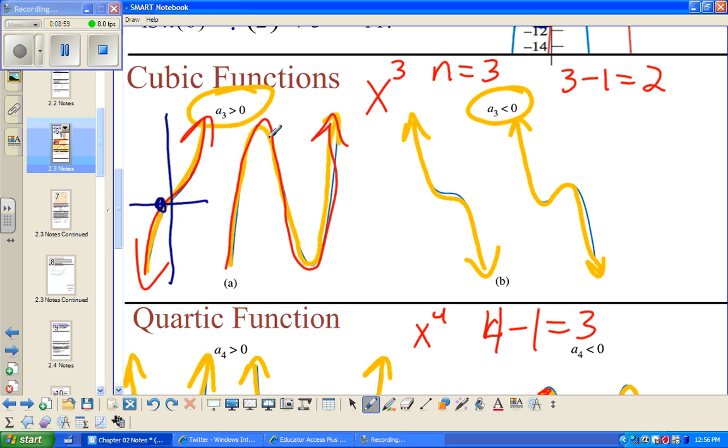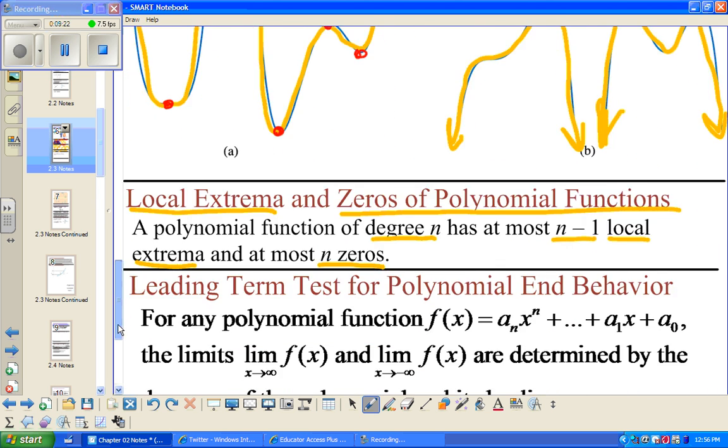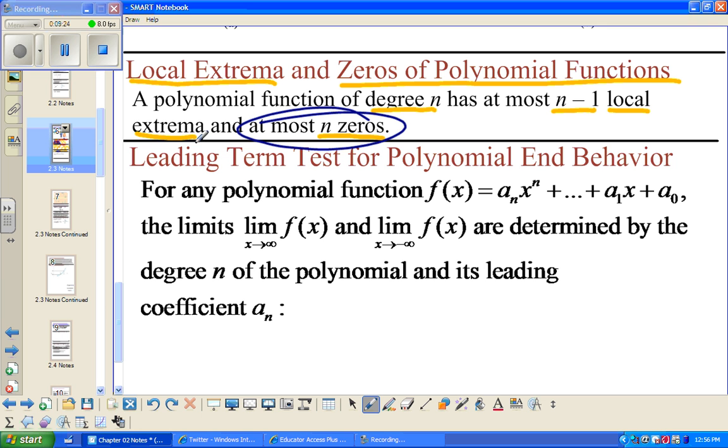If I put the graph right in the middle here, I could have 3 zeros. If I put the grid down here, I would have at most 1 zero. So that's what this part is saying. At most n number of zeros, or x-intercepts.